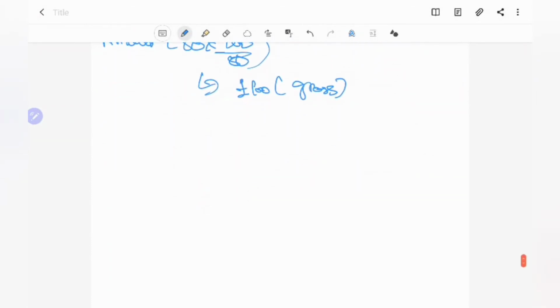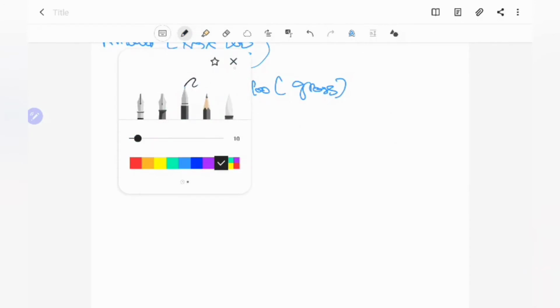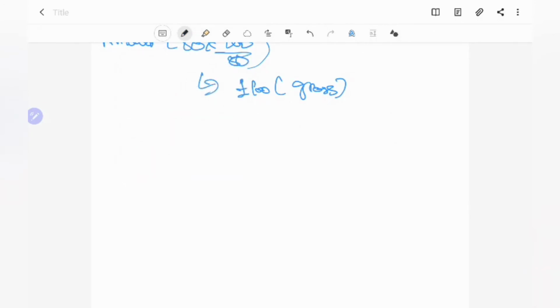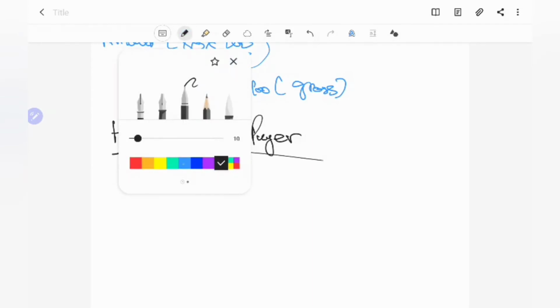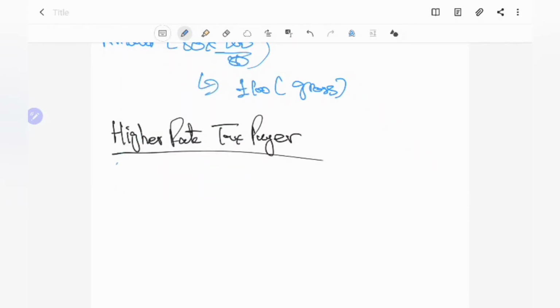Now, in case you are a higher rate taxpayer, for a higher rate taxpayer, 40% tax relief is given. And how? Let me show you.